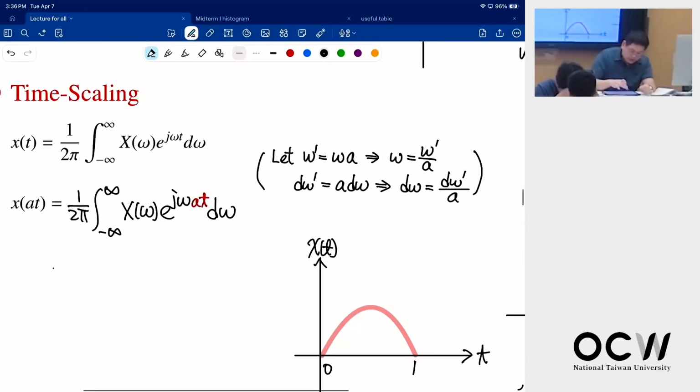Therefore, here I have 1 over 2 pi. Same integration, integrand here.